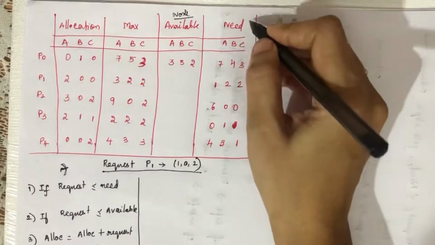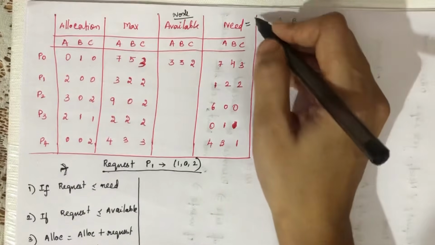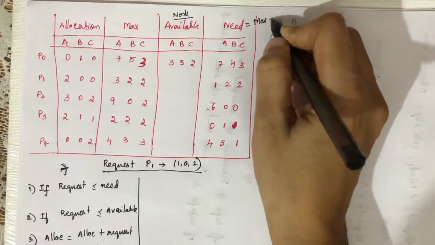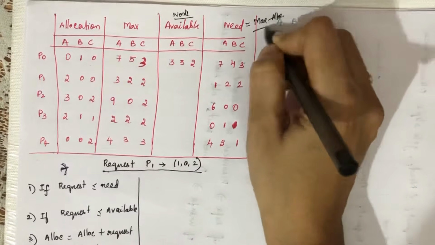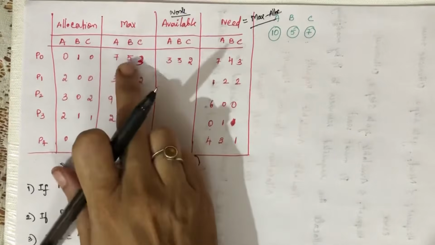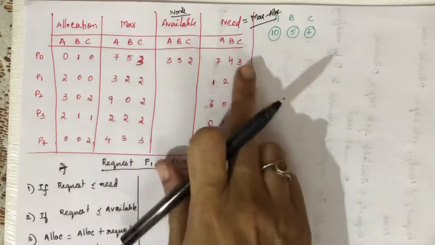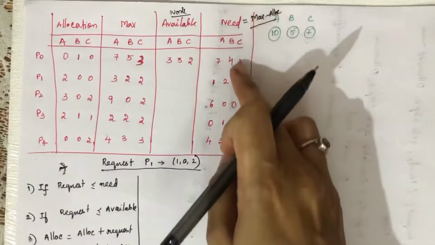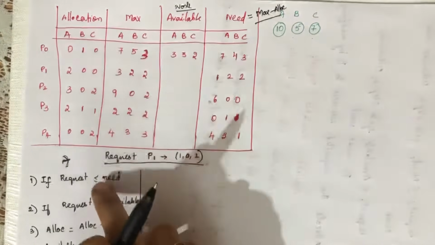We will calculate the need value. Need is maximum minus allocation. So 7 minus 0 is 7, 5 minus 1 is 4, 3 minus 0 is 3. Likewise, we calculate the need for all the processes.